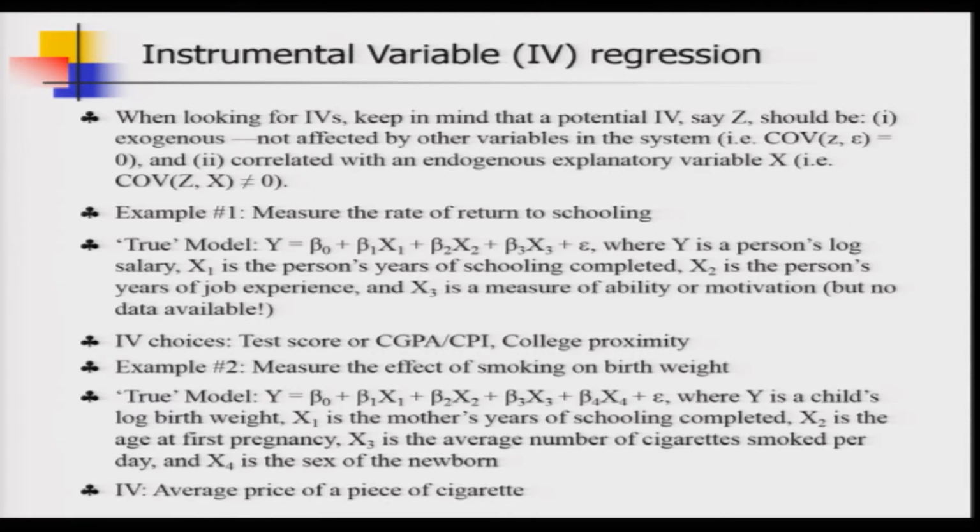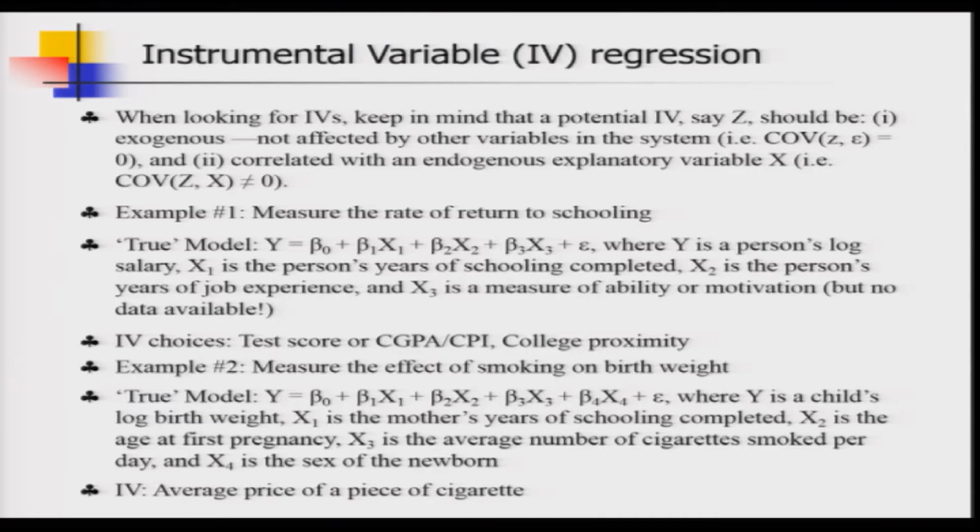So, you can say that the coefficient associated with this variable x1, which is beta 1, is the measure for rate of return to schooling. It is the marginal effect of variable x1.